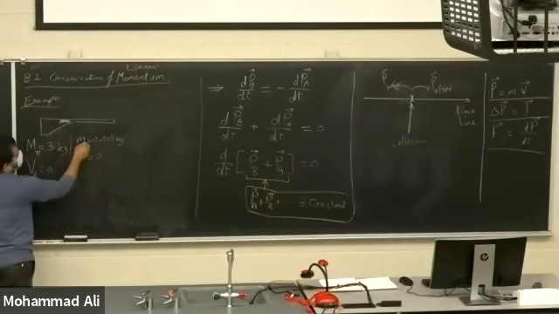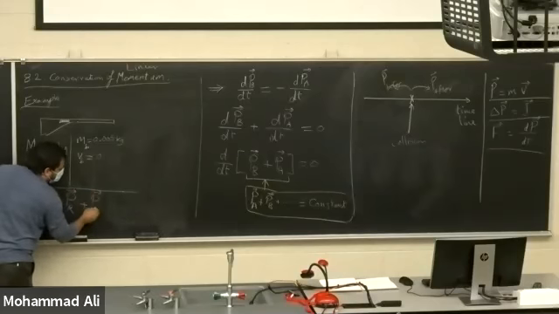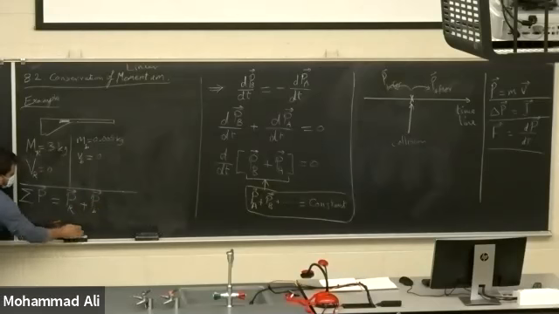What is the total momentum now? You need to compute the total momentum. The total momentum is equal to the momentum of the rifle plus the momentum of the bullet.